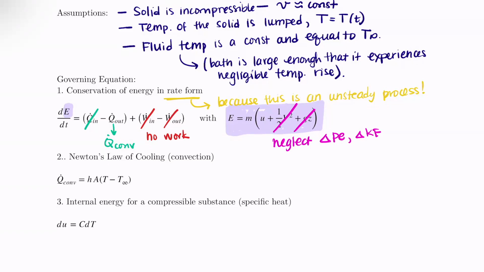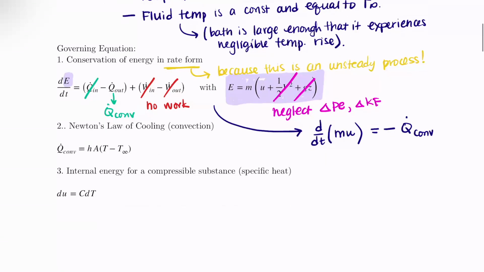All right, and so this equation with all of these simplifications becomes d/dt of mu is equal to minus Q dot of convection. Okay, so this is our simplified governing equation. Nothing new so far. The next governing equation that we have is Newton's law of cooling. This is our equation for heat transfer due to convection.